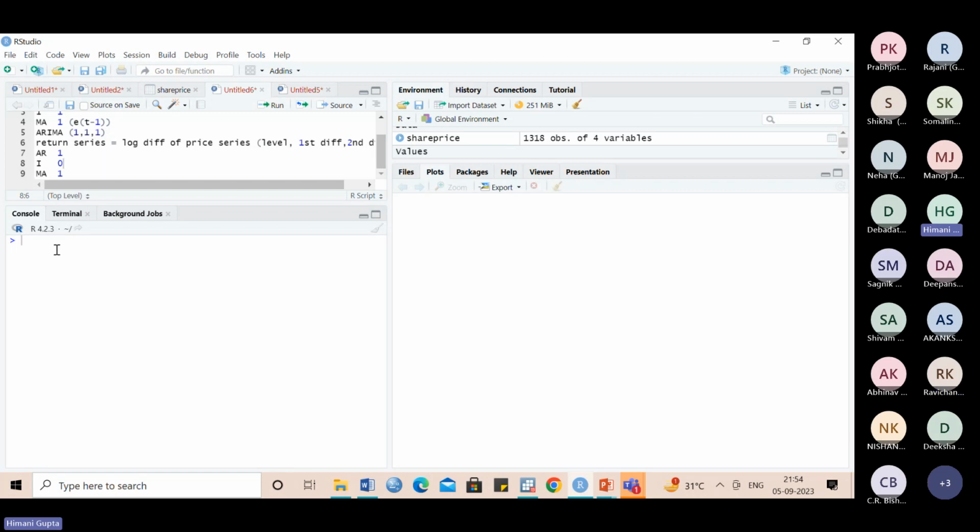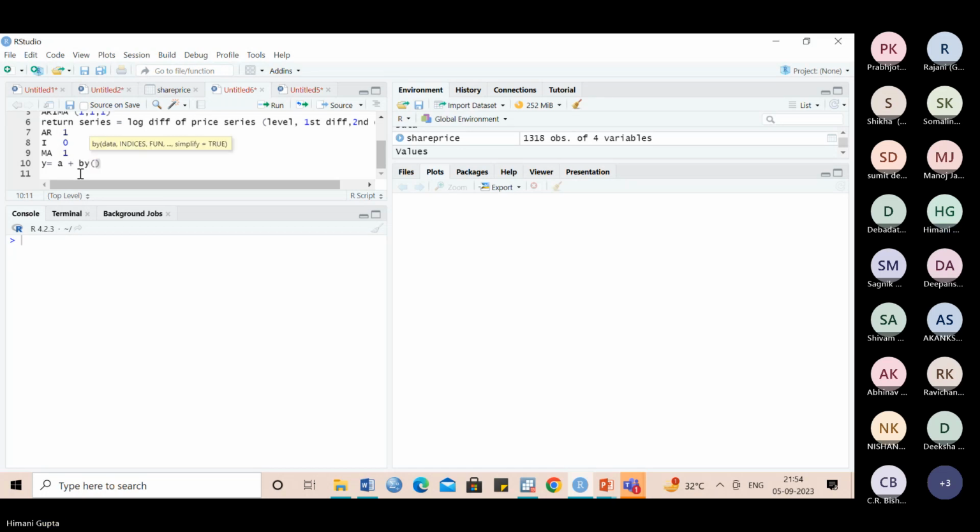Yes, okay. Now what we are doing in the ARIMA model: let's say y equals some constant a plus b times y t minus 1 plus e t minus 1.